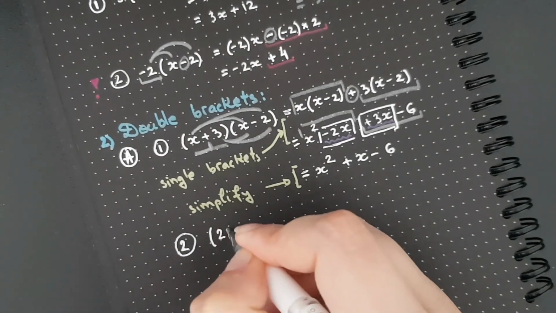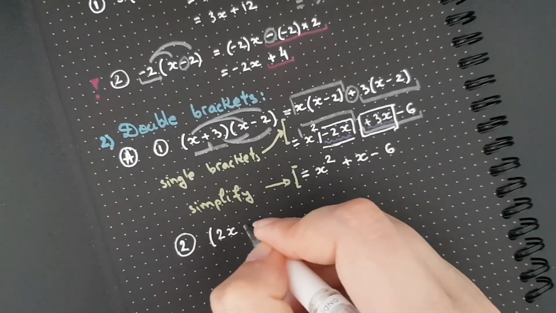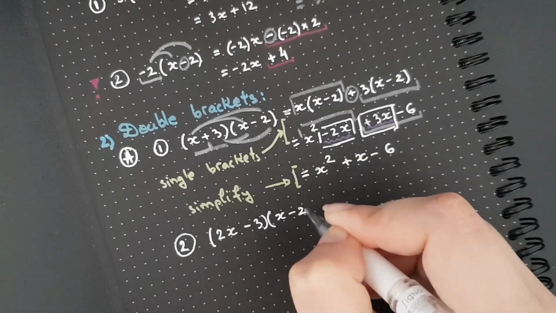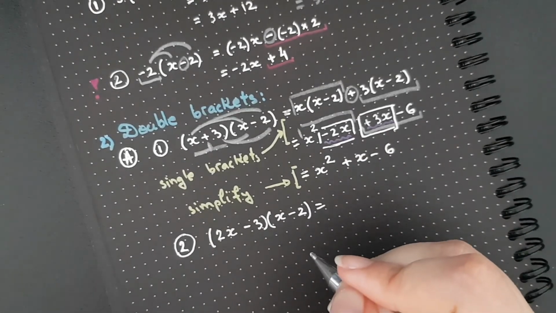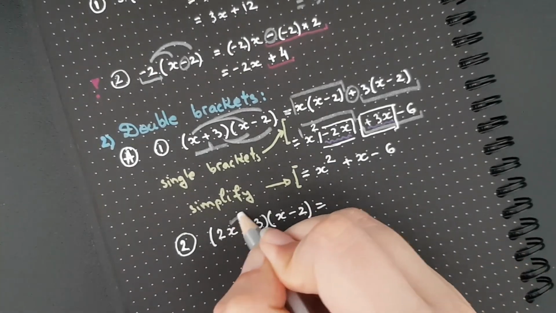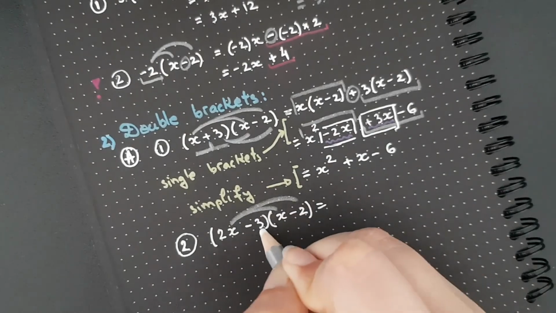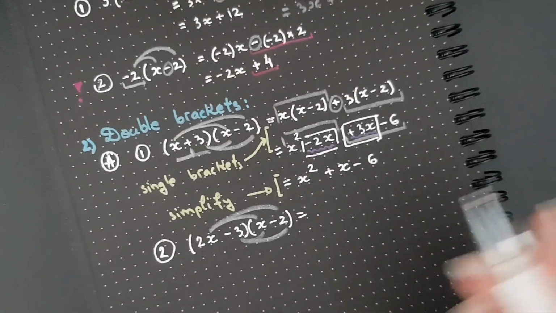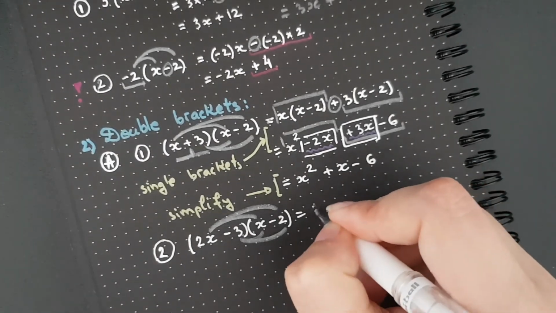So I'm going to go with 2x minus 3 and x minus 2. Again, the more you do, the more you get used to it, because this is more like a procedure that you have to remember, because the understanding is pretty straightforward from my point of view.